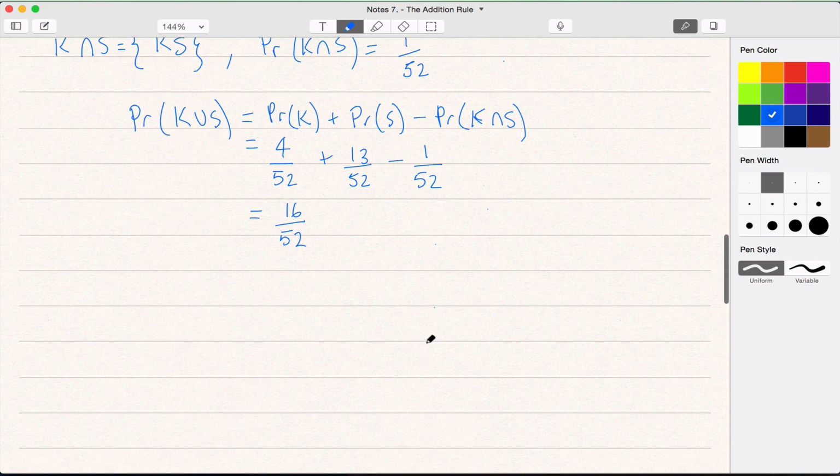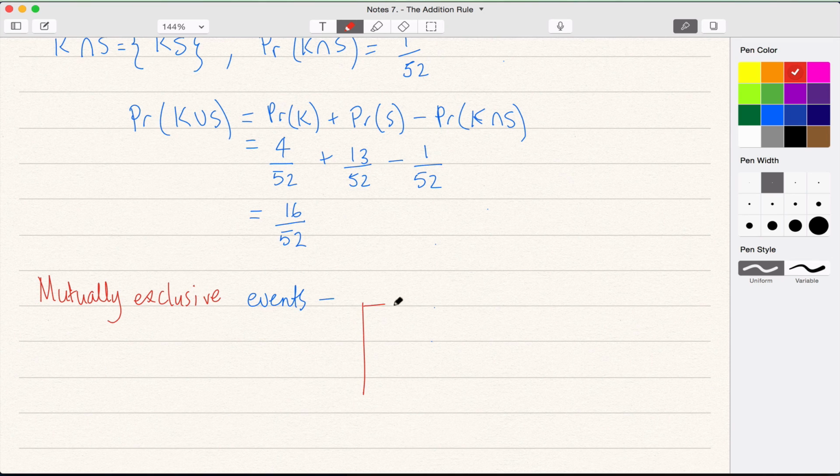The last thing I would like to make sure I mention is mutually exclusive events. And they are when there's no intersection between your two sets.